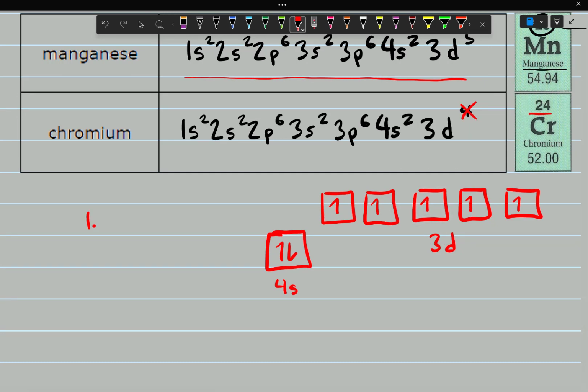Number one, which is the number one preferred state to be in, is having a full orbital, and number 2 is having a half full orbital.